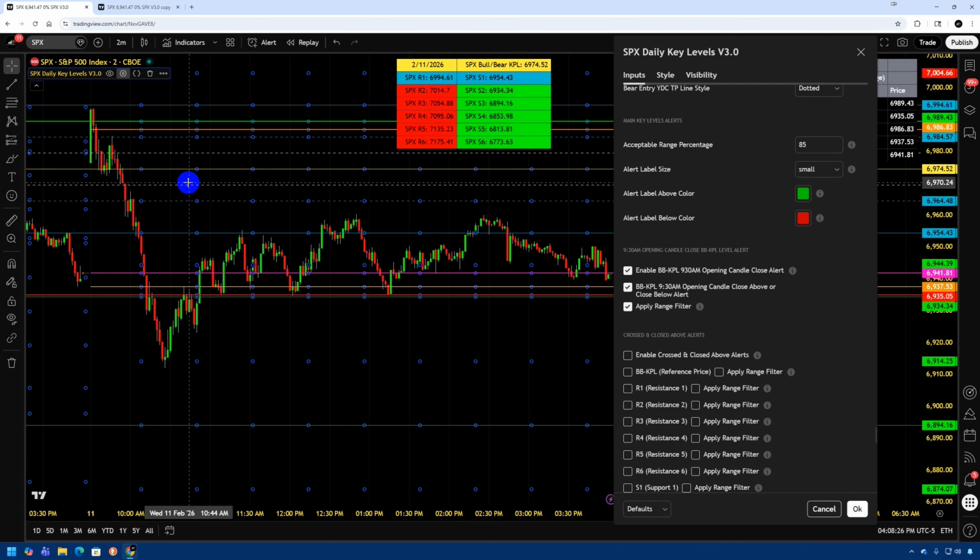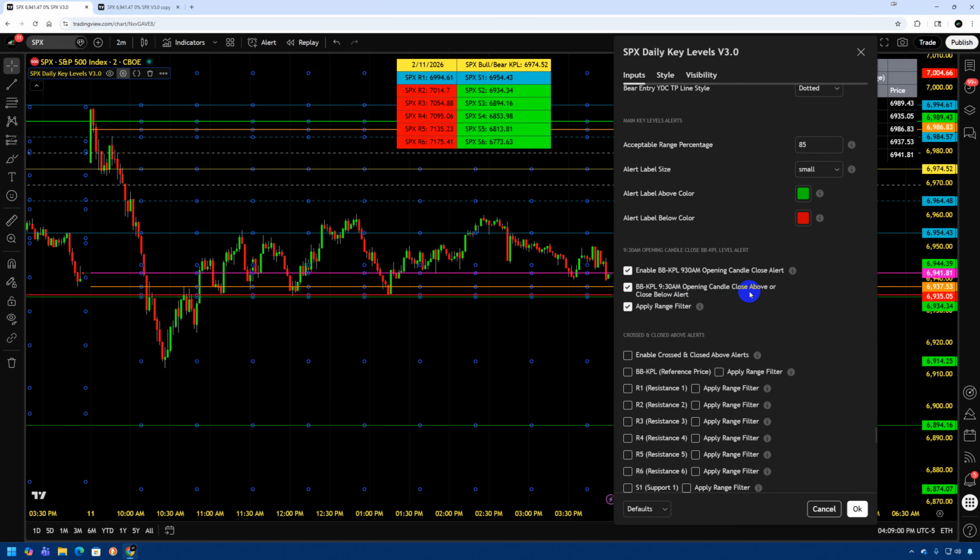What that means is that if this is turned on to 85%, the closing price of this opening candle has to be 85% or less of the distance between the BBKPL and R1, or the BBKPL and S1 on a close below.